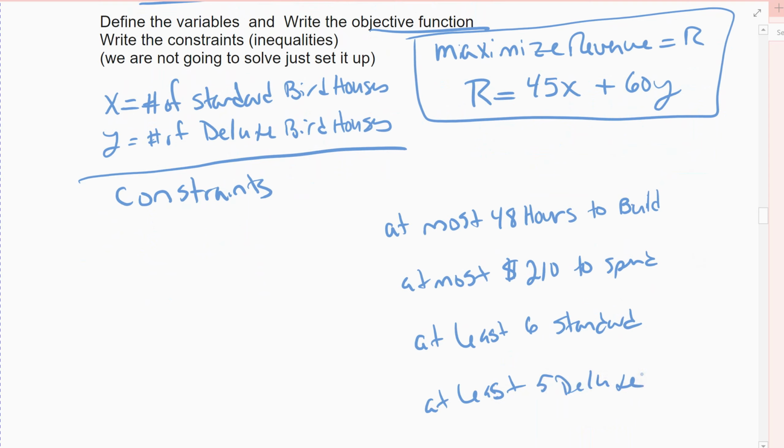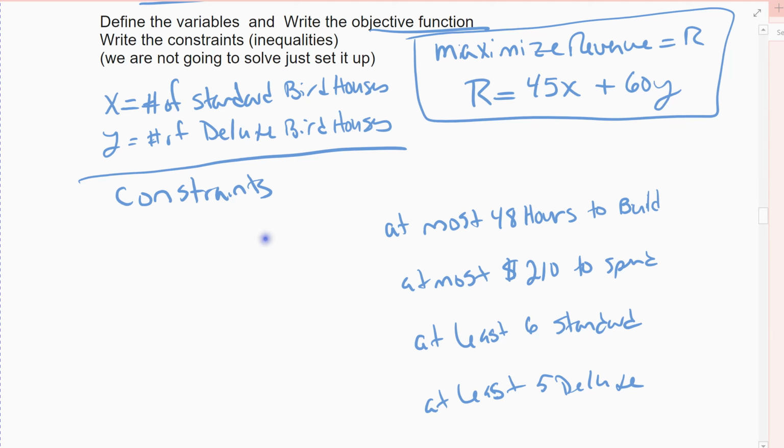So there are 4 inequalities that we're going to get. We'll start with the 48 hours to build. First of all, it's at most, and the numbers should make logical sense. He has 48 hours to spend every week to build his birdhouses. That's your maximum. He could spend all 48 hours building them, or if he's efficient, he could spend less than that.